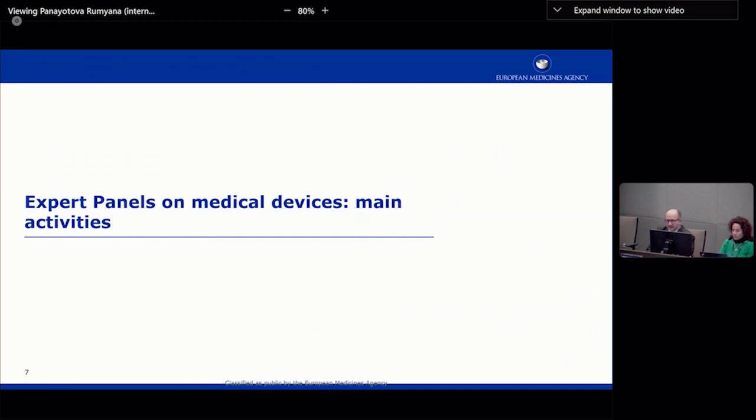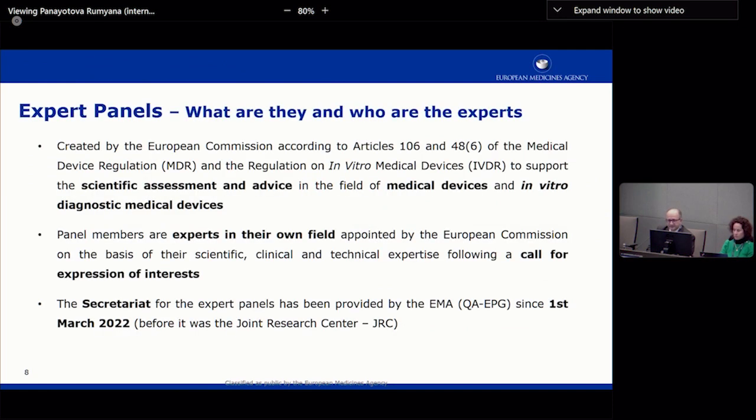Regarding the expert panels on medical devices, they were created by both the medical device regulation and the in vitro device regulation, and their main function is to provide scientific assessment and advice in the field of medical devices and in vitro medical devices.